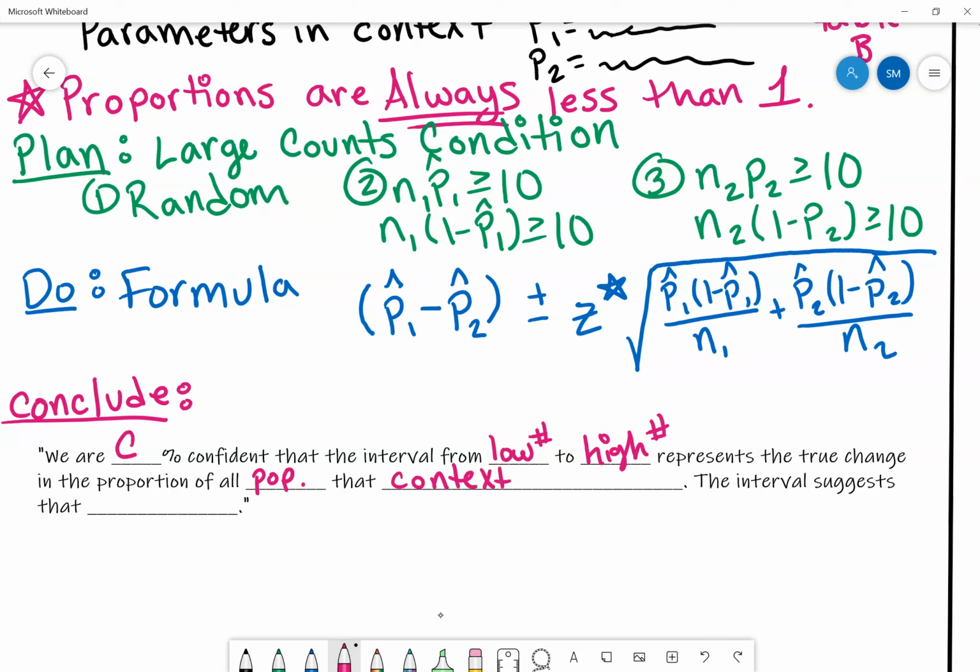So whatever the problem is saying, the context and problem, the interval suggests that, and then talk about the difference. So this part is essentially a fill in the blank. You just put in your answers and you're good to go.